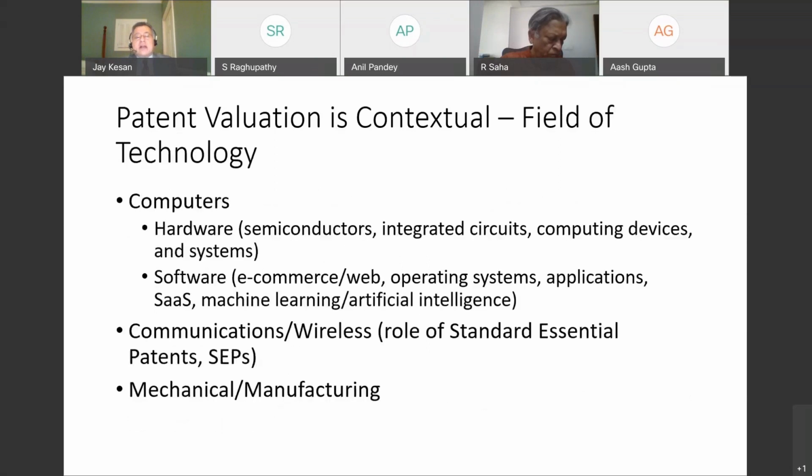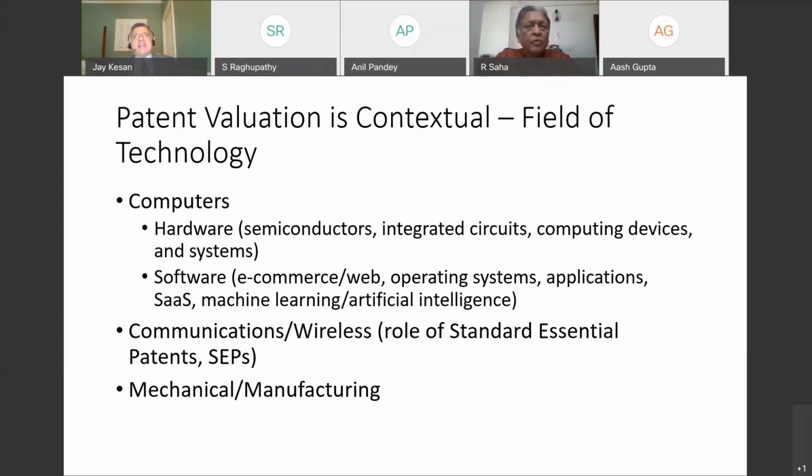Finally, the other big parameter when talking about patent valuation being contextual is the field of the technology. Here, it makes a big difference what the particular field is. Broadly speaking, we can divide it up into two major categories. I realize this is a big oversimplification, but it's still valuable.